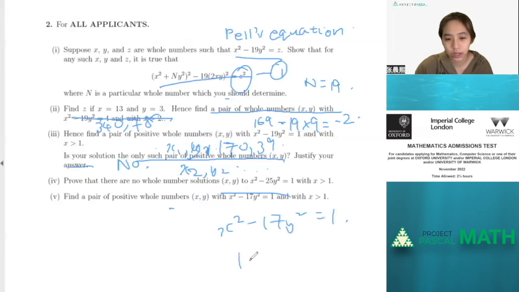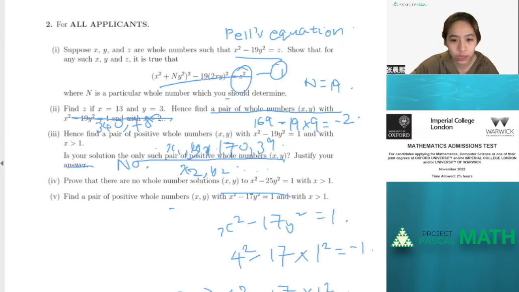You notice that 4 squared minus 17 times 1 squared equals -1. So you can square this as well. And so the new x you get will be 4 squared plus 17 times 1 squared, which gives you 33. And then y is 2xy, which gives you 8. And so the solution is 33 and 8.